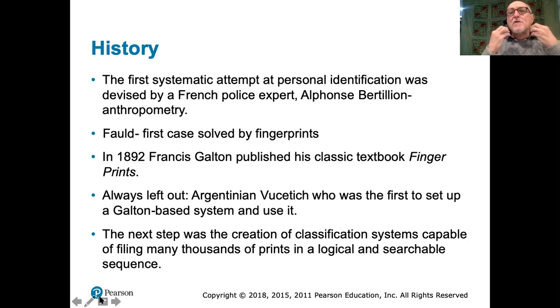It was not designed as a manual, for example, for forensic investigation of fingerprints. But other people read that book and began to realize the possible significance of using fingerprints.